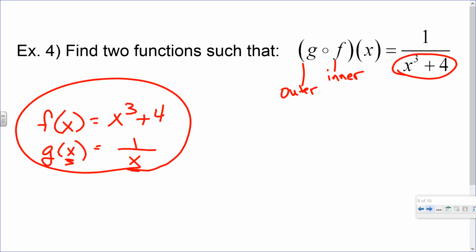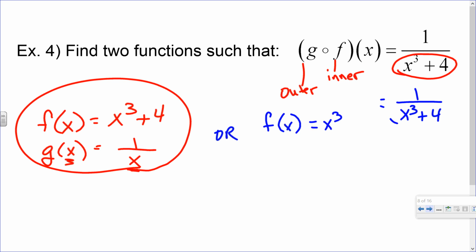Okay, can we come up with another way of doing it? Instead of taking the whole denominator, is there a smaller piece? Avery. We could just do x cubed. And then g of x would be everything that's still left to do.